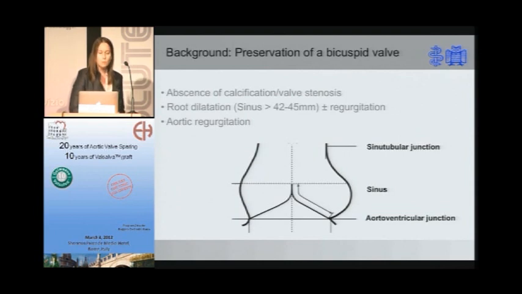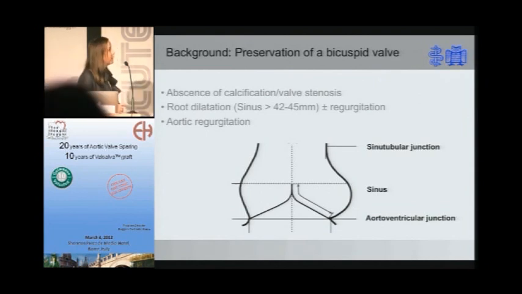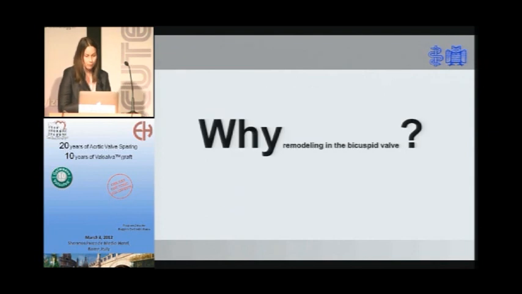We do the remodeling technique if we have a root dilatation defined by a sinus of more than 42 to 45 millimeters in TEE, with or without aortic regurgitation. In some rare cases of unfavorable anatomic variants, we also do remodeling in isolated aortic regurgitation. I will come back to that aspect later in my talk.